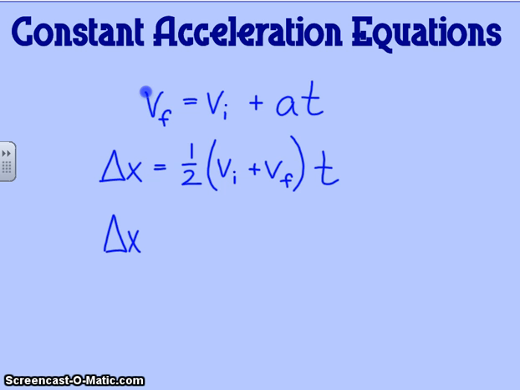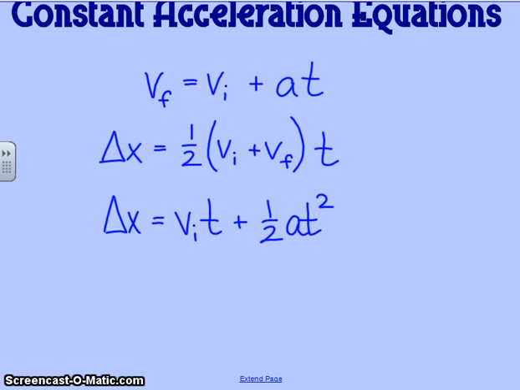The third equation is that the displacement equals the initial velocity times time plus 1/2 acceleration times time squared. And the final equation is that the final velocity squared equals the initial velocity squared plus 2 times acceleration times displacement.